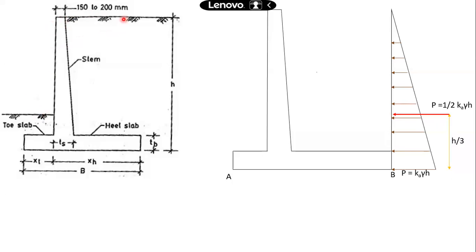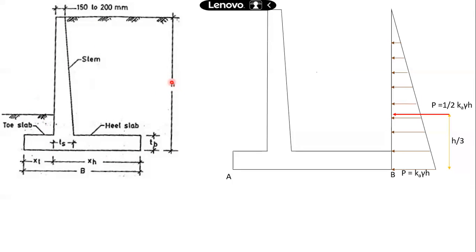Say the difference in elevation between this surface and this surface is 3 meters, then my stem height will be this 3 meters plus whatever foundation depth we provide over here. That will tell us the total height of our retaining wall.